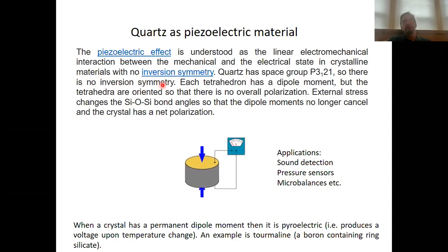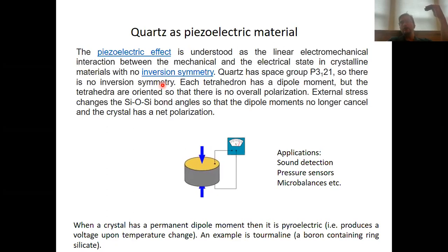within the crystal. And for that reason, when we apply a mechanical force to the crystal, the tetrahedra can actually slightly rotate, okay? And this rotation induces a dipole moment in the crystal, okay?